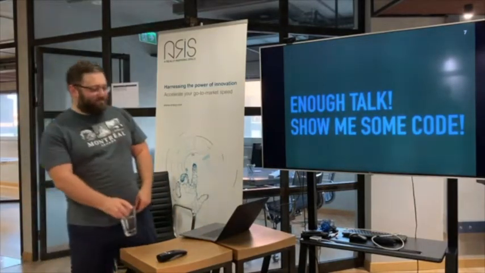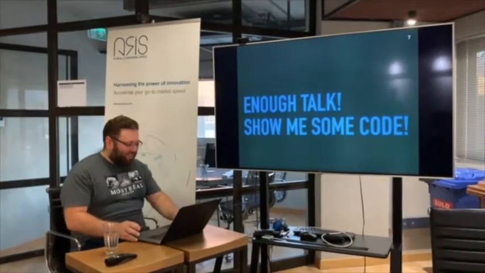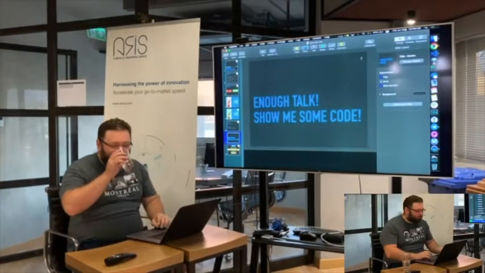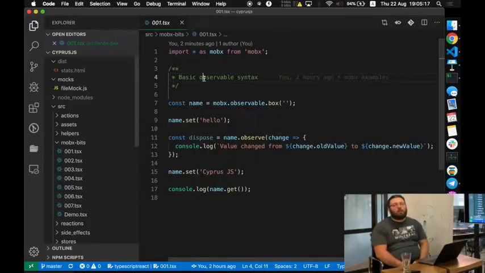All right, let's start my favorite part. So we're gonna go over MobX syntax and some of the API, not all of it, of course, but just enough to be able to write apps in it and to understand its core concepts.